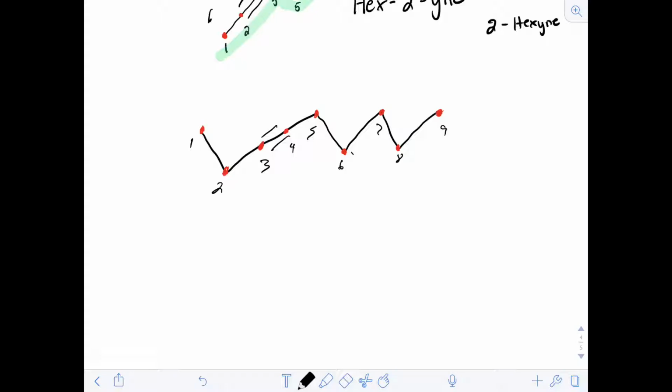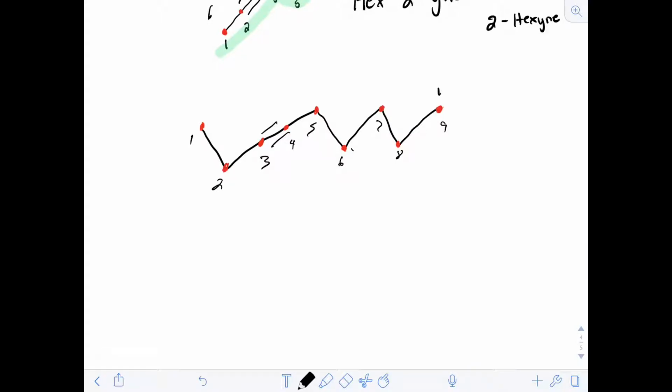So it's always good to just count your carbons now instead of later. So 1, 2, 3, 4, 5, 6, 7, 8, 9. And so as you can see, from left to right gets our triple bond on the lowest number.